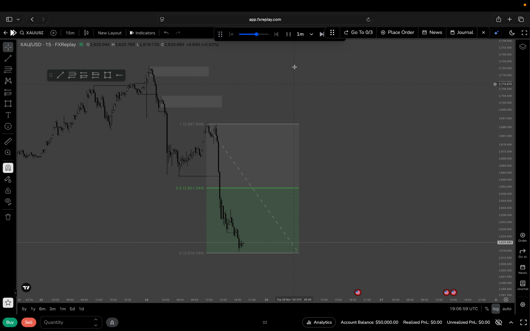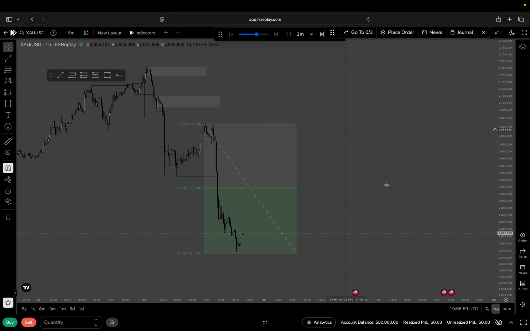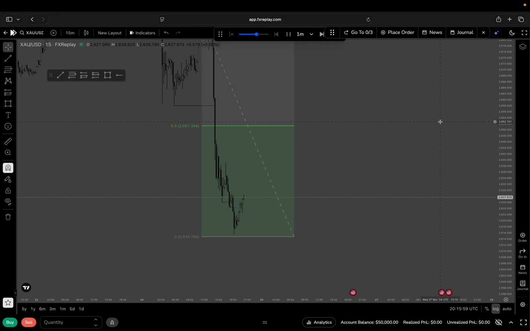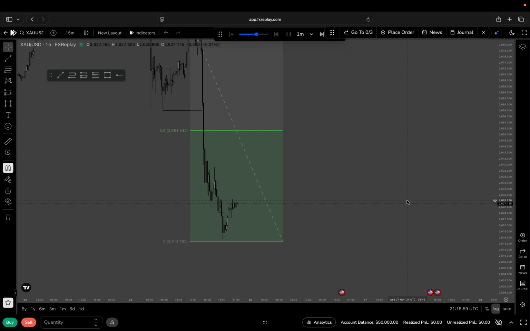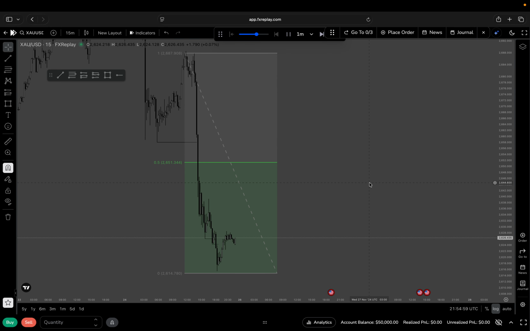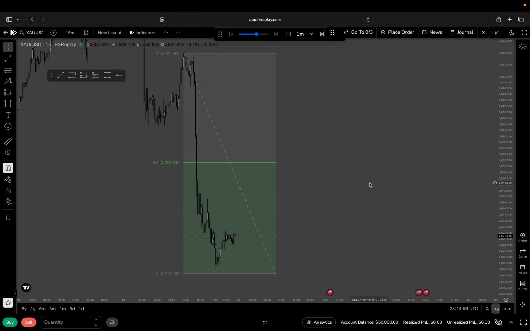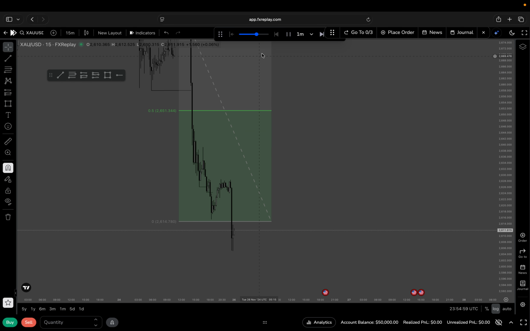We need a significant kind of pullback. Okay, this will probably be the last session of the night. Okay, I would consider this a break now. We've had a significant sort of pullback.